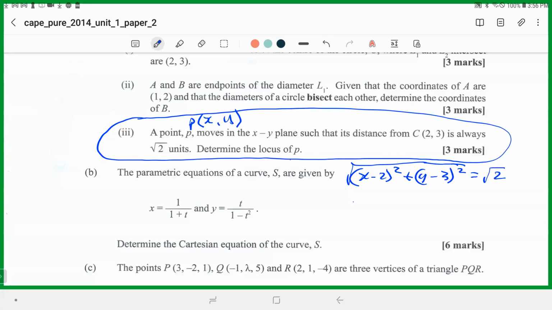Square both sides, I get (x minus 2) squared plus (y minus 3) squared equals 2. Done. That's the equation of the locus. It's a circle with this center point, and the radius is root 2, since the right side is root 2 squared. That's it, guys. This one is the easiest one of them all.